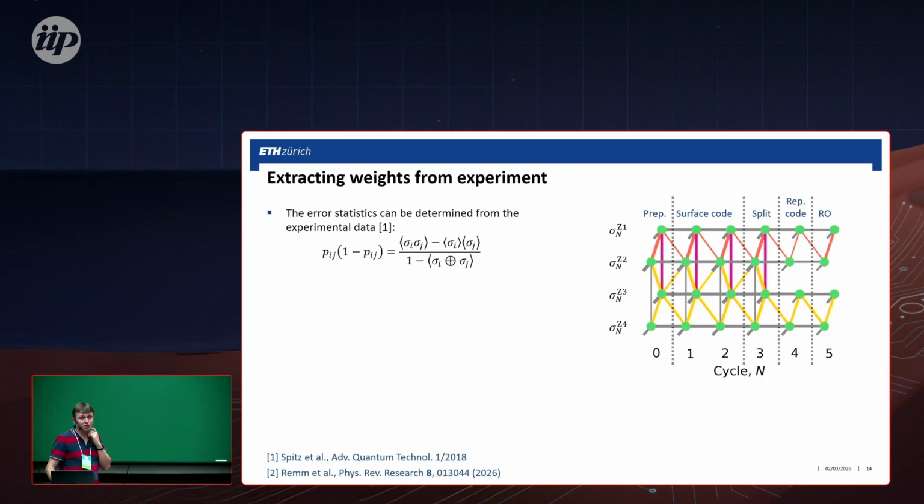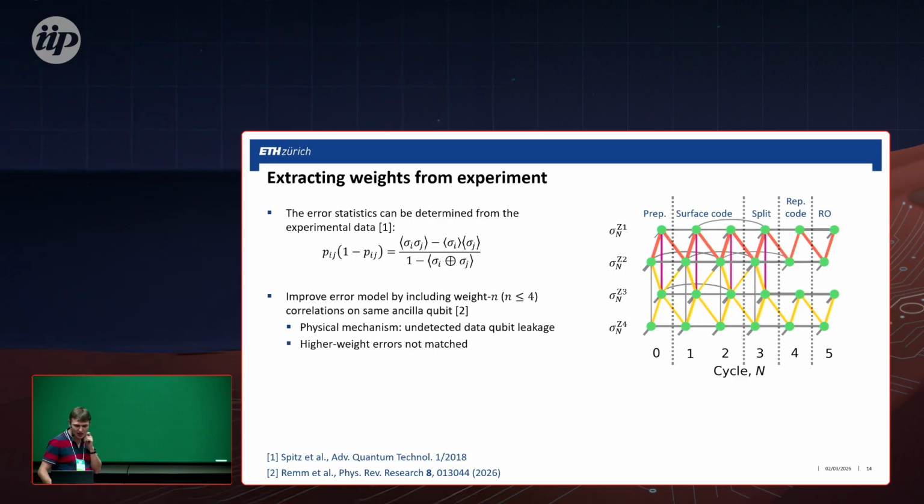You can also determine those weights from experimental data. This is also called decoder priors. We use a method described in a paper that took very long to get published, but it's finally there. From these syndrome correlations from the experimental data, this is our experimentally obtained decoding graph.